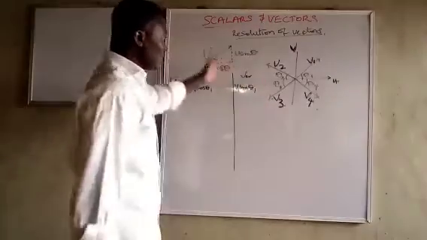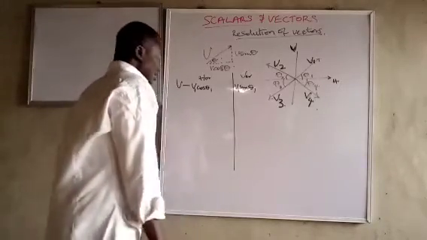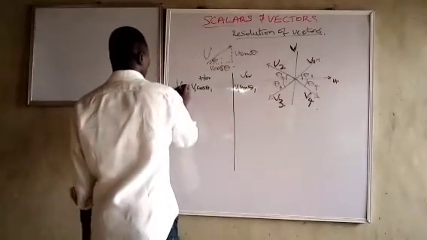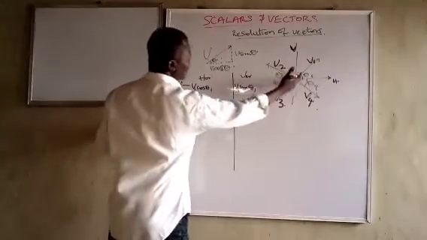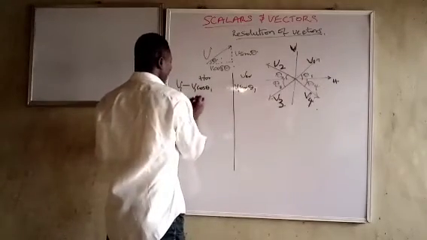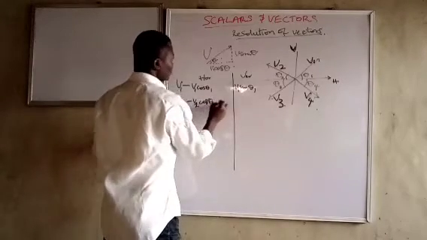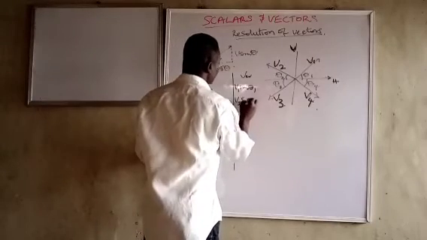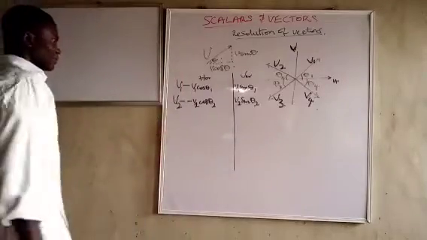V2 now, you can see it is in the opposite direction. But this is our positive direction. So for V2, I'm going to have minus V2 cos theta 2, and it's still upward, so I have V2 sin theta 2. You can see, we have to consider the sense, the direction.